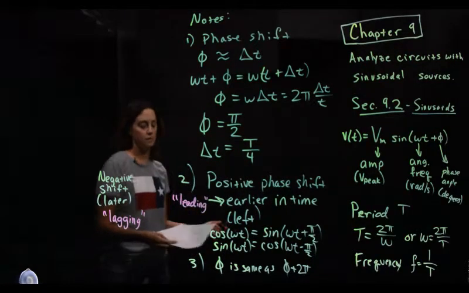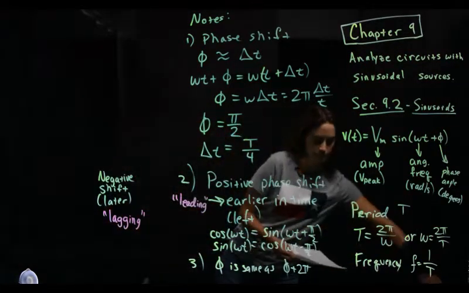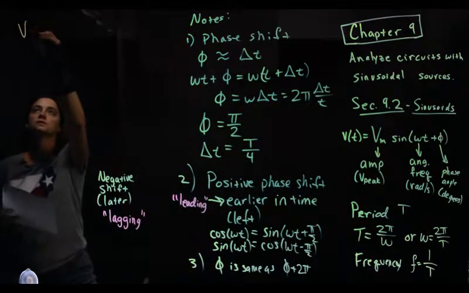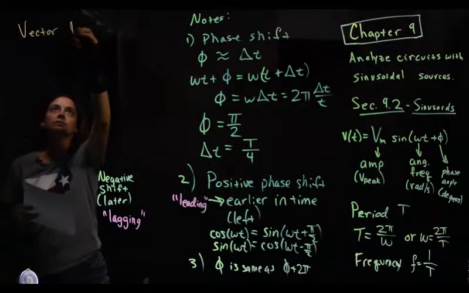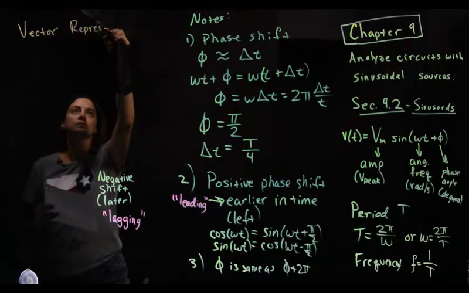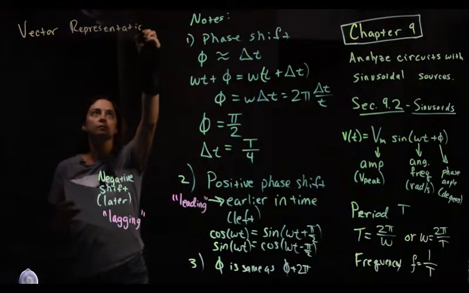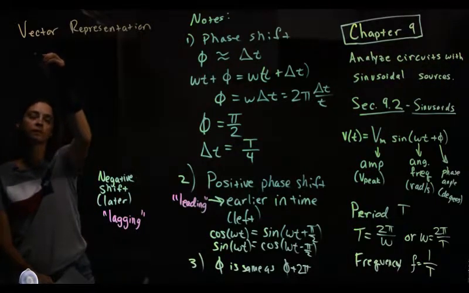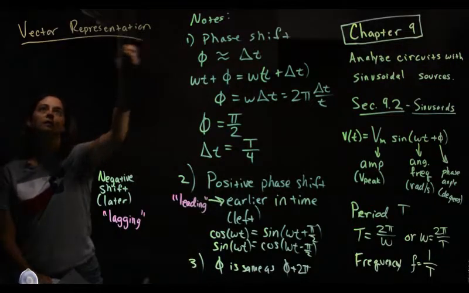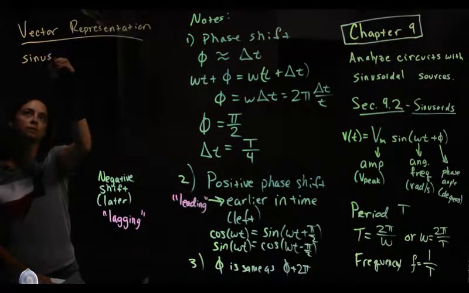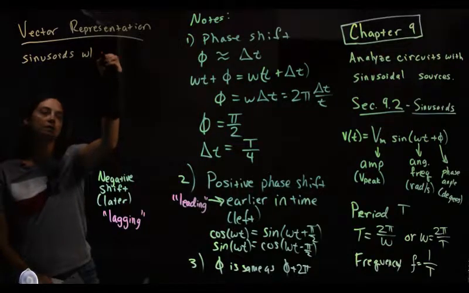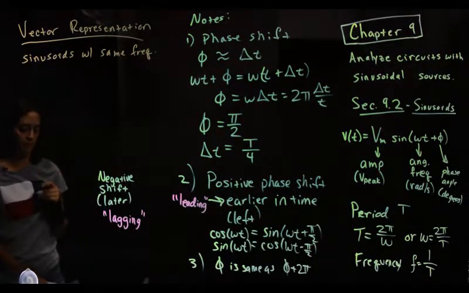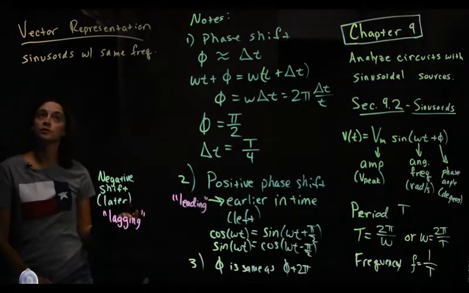And we can represent these as vectors using vector representation. This is also in the same section. So if they have the same frequency, say sinusoids with the same frequency, we can represent them with 2D vectors.